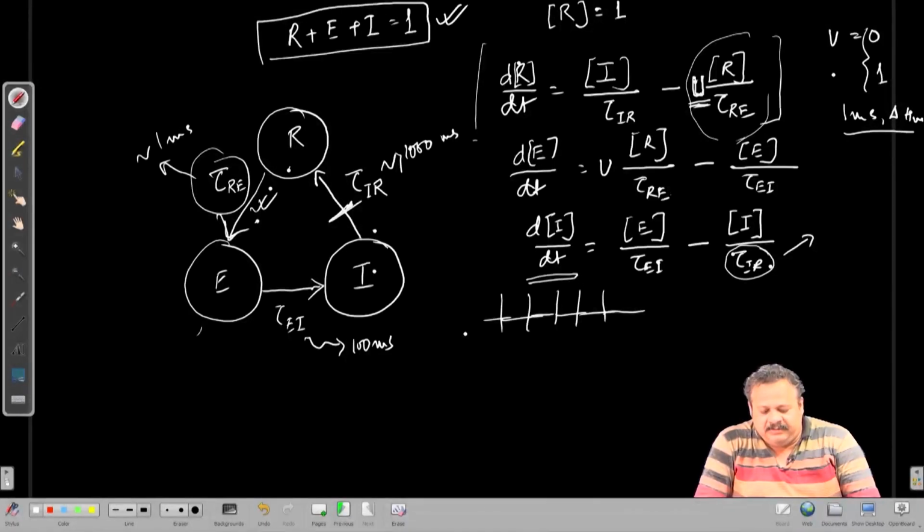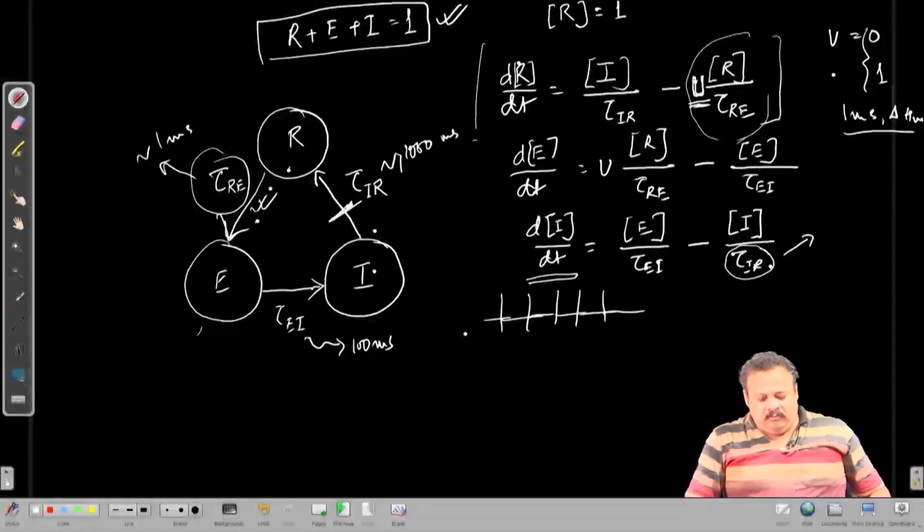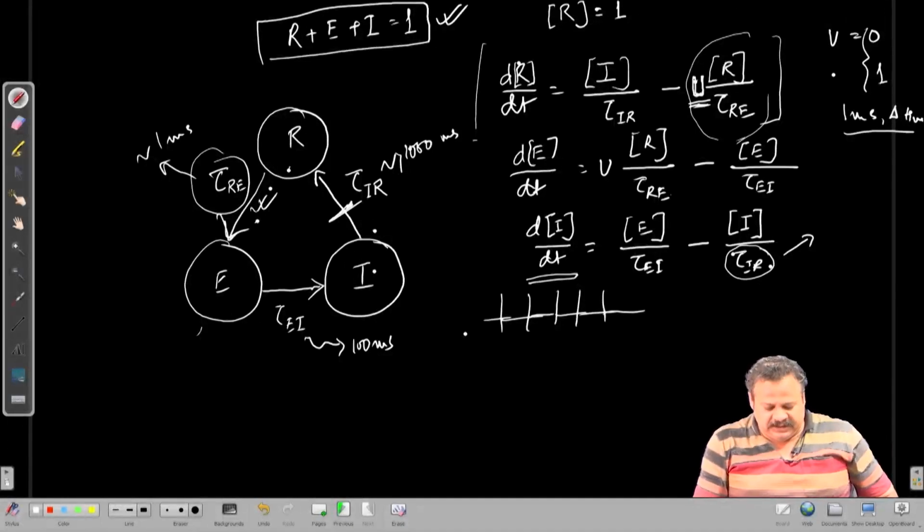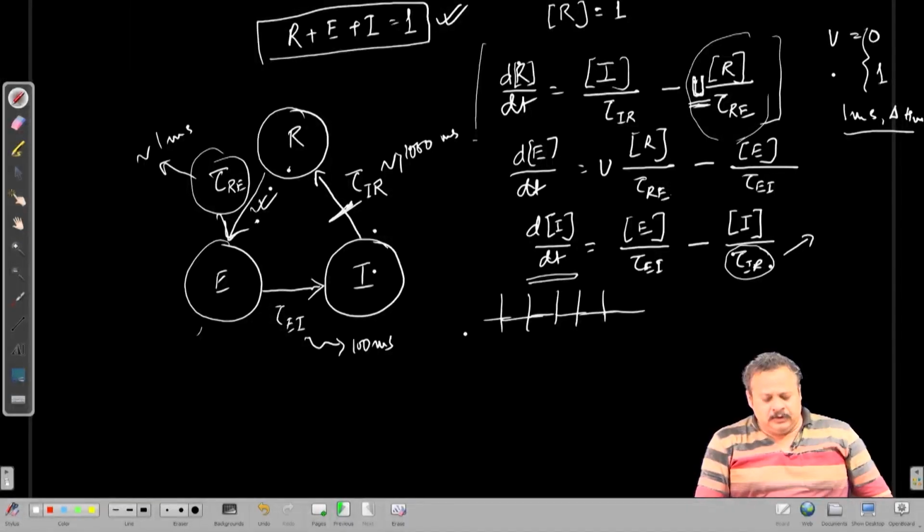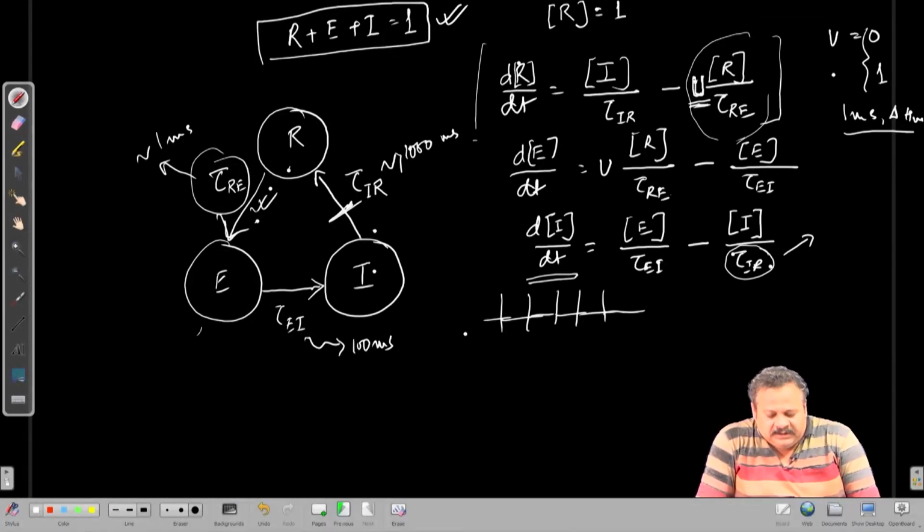So, this synaptic depression model works very well and has been used in multiple models with this 3-state model. In fact, with this idea we will be discussing one of the consequences of short term depression later on.